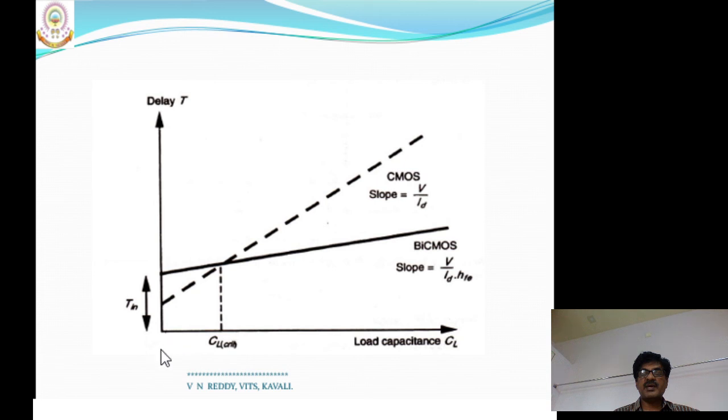At very low capacitances, CMOS technology is better, where the delay is very small. But with an increase in load capacitance, BiCMOS circuits are better because the delay is less.